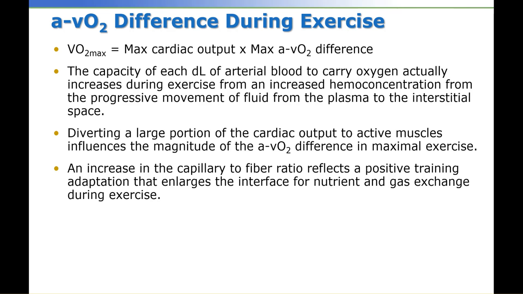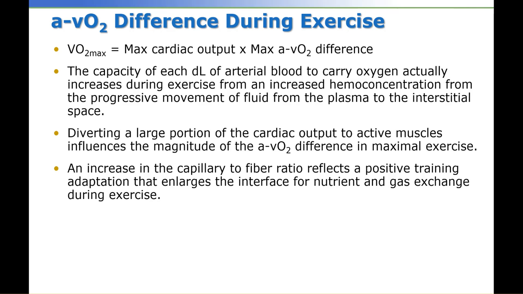So arterial blood oxygen content varies little from its value of 20 milliliters per deciliter at rest throughout the full intensity range. In contrast, venous oxygen varies between 12 and 15 milliliters per deciliter at rest to a low of 2 to 4 milliliters per deciliter during maximum physical activity.